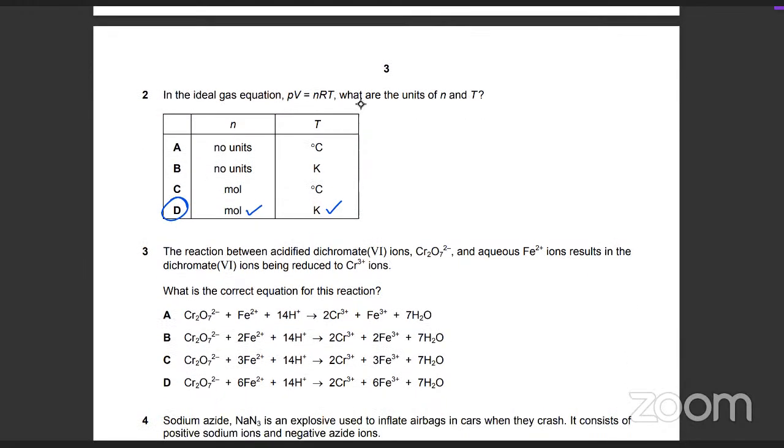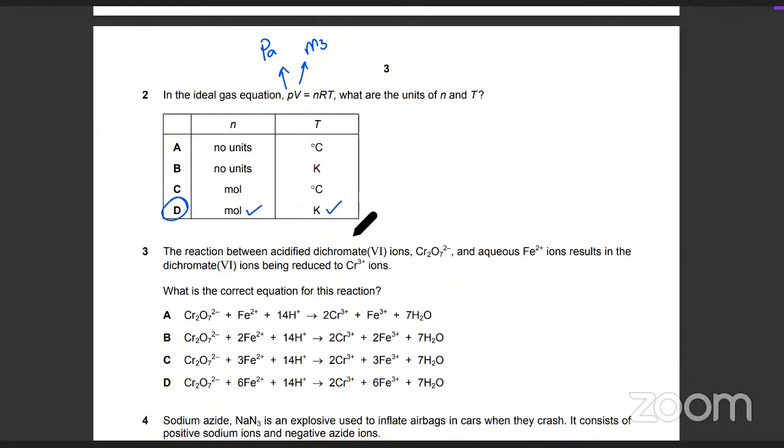That's the ideal gas equation. The pressure is always in pascals. The volume will always be in meter cube, and the R is a constant. That's the gas constant. T is in Kelvins, and n is the number of moles.